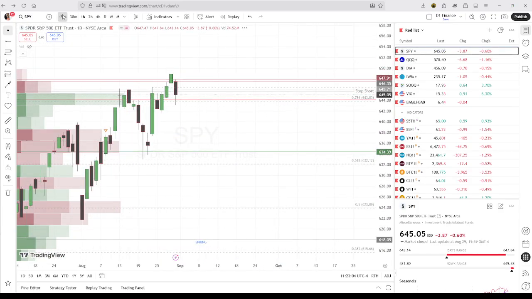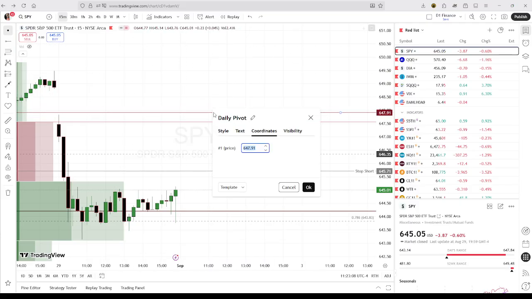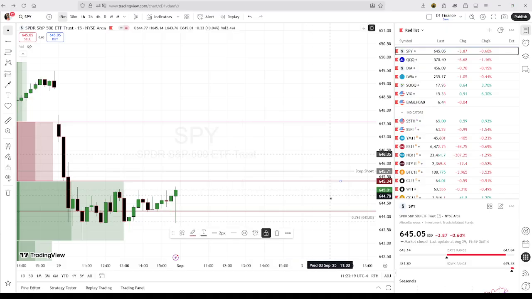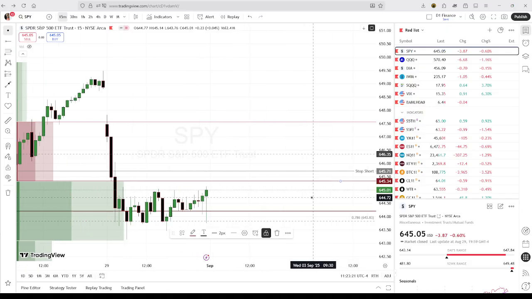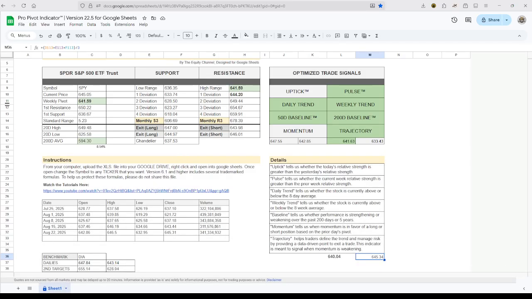Let's go to the 15-minute chart here. Boom. So basically, what I'm going to look for, and I have my stop, I'm going to have my trailing stop right here. It's going to be set based on these particular levels here.